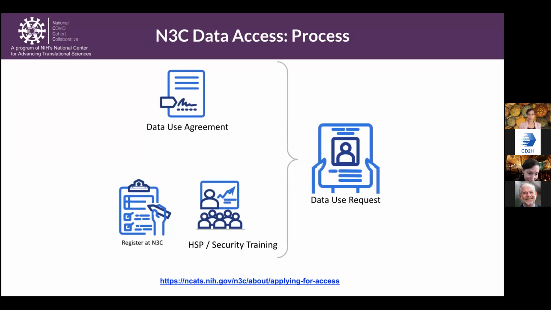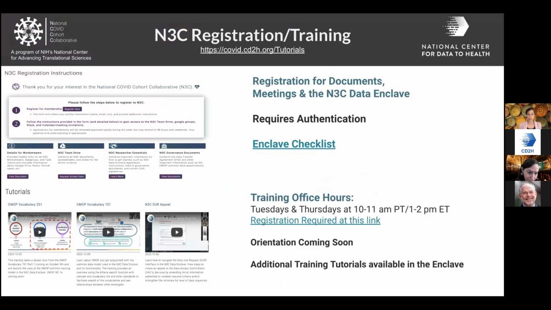If you want to know if your organization has a data use agreement in place, you can go to our website and look there. If you do not see your organization listed, there are some general instructions there on how to set up your agreement with NCATS. Once you have that in place, you can create your account, and there's some training that's required. Next slide.